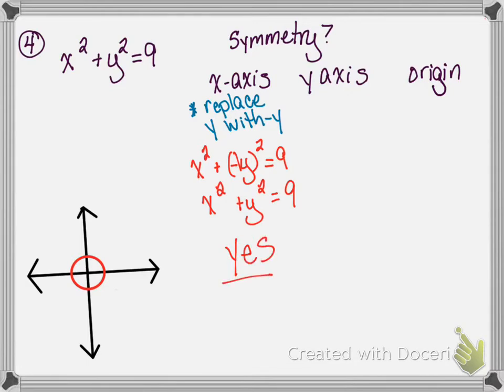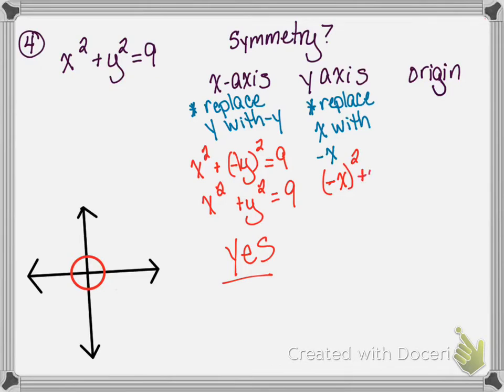For the y-axis, we're going to do something very similar. We are going to replace x with negative x. So I've got negative x squared. I've just taken out the x and I've put the negative x in there.